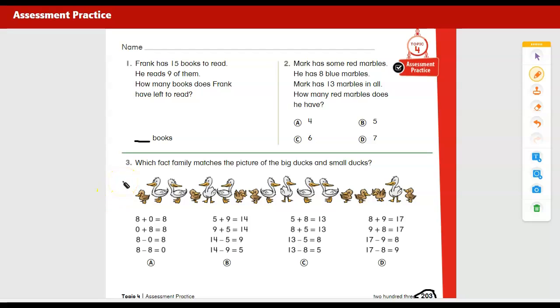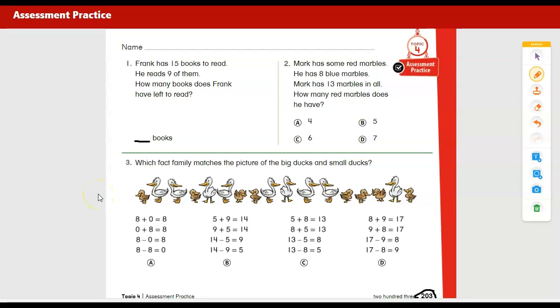Number 3 says, which fact family matches the picture of the big ducks and small ducks? So you are going to look at these fact families and see which one matches the big and small ducks.